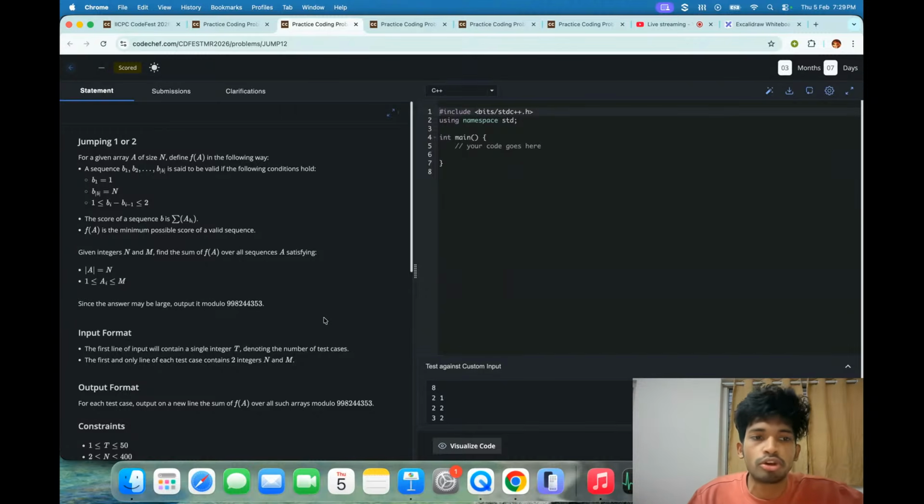It's about minimum possible score. If it was maximum, we could have gotten the sum of total itself.